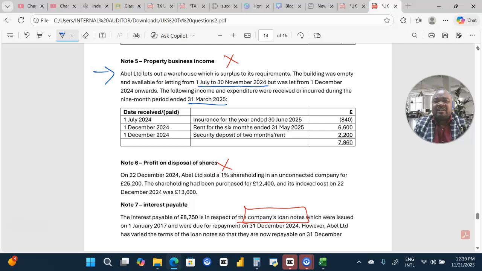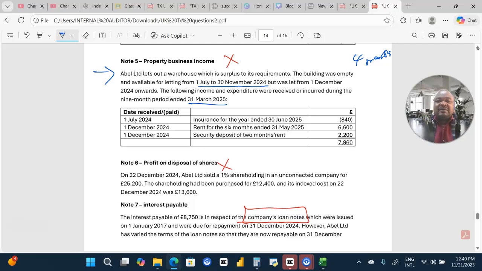So how many months of income was that? From 1 December to 31 March, that's 4 months of rental income.